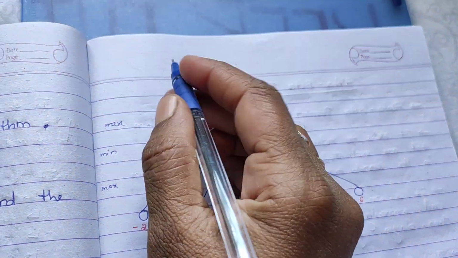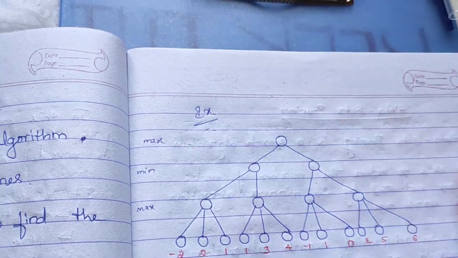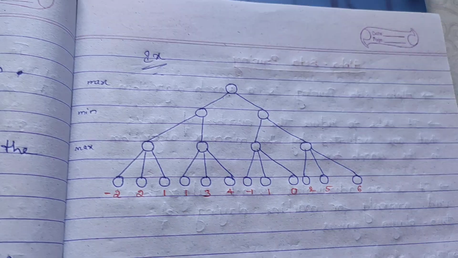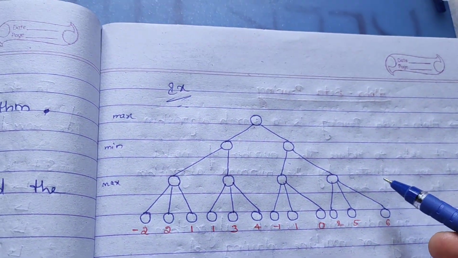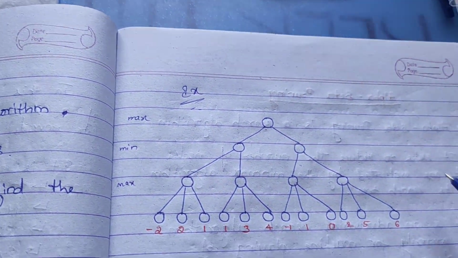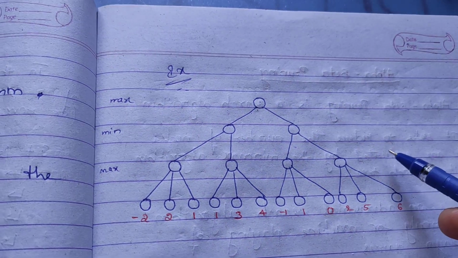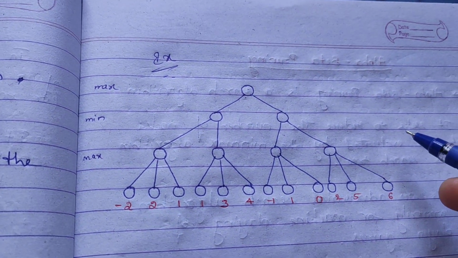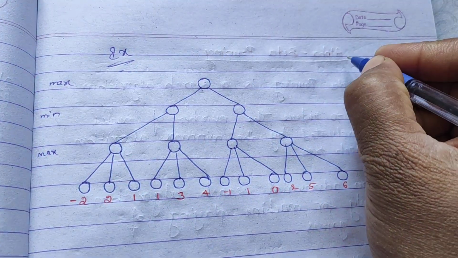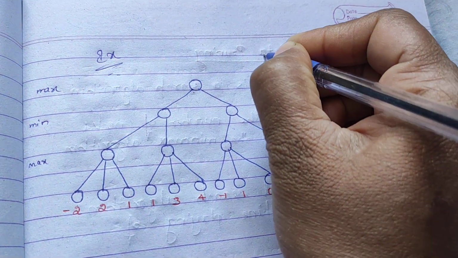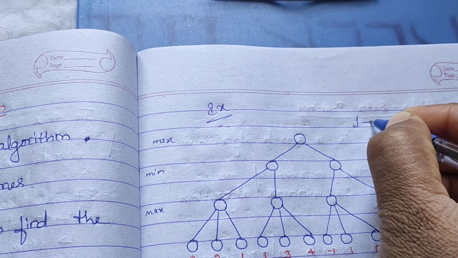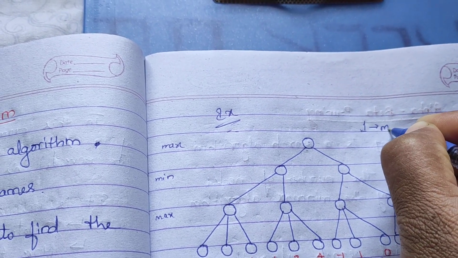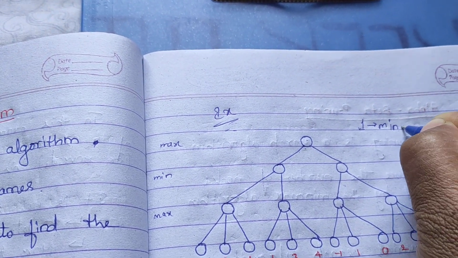See, this is an example, which we have to trace now. Let us take two players. We have to assign two players. The first player I am assigning as min, that is the minimum value.